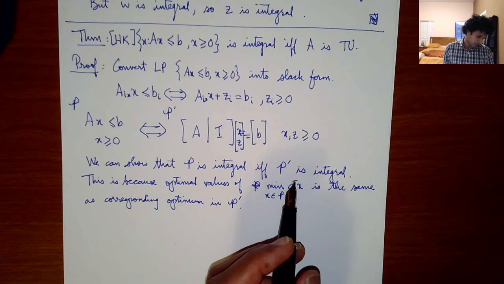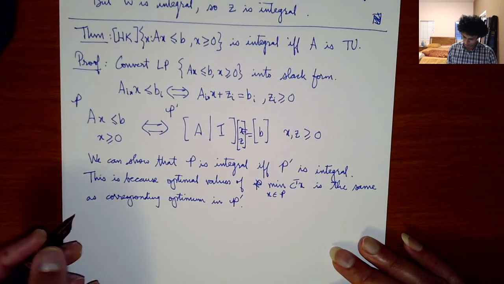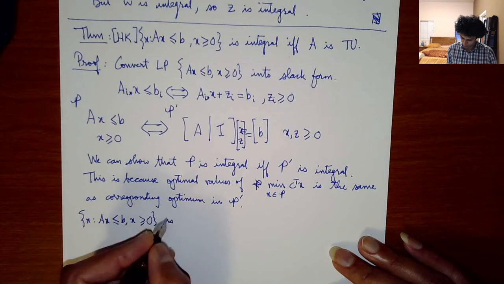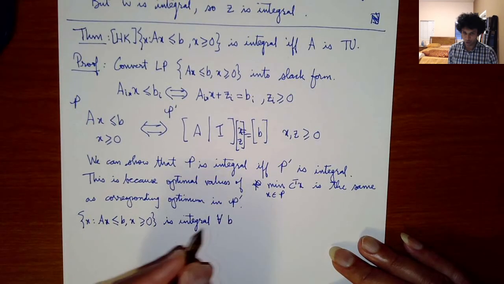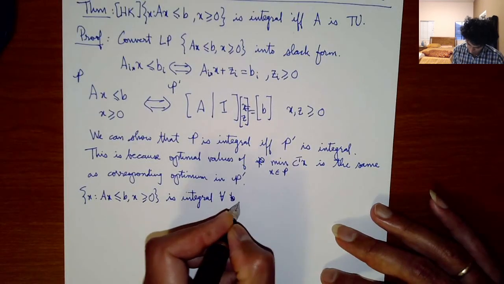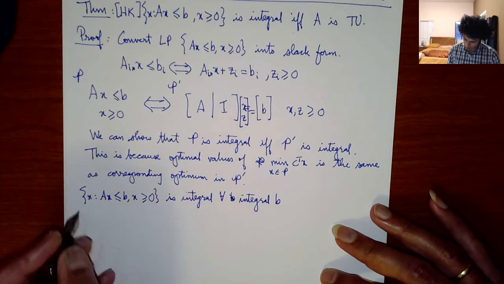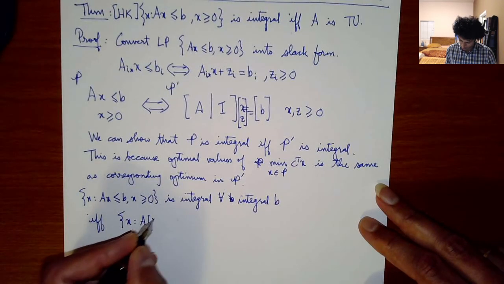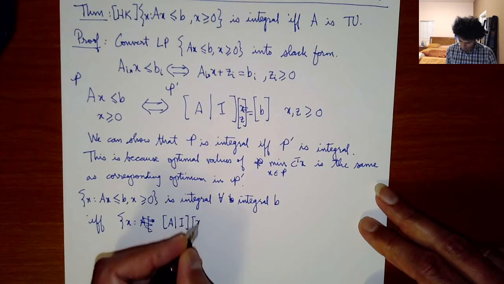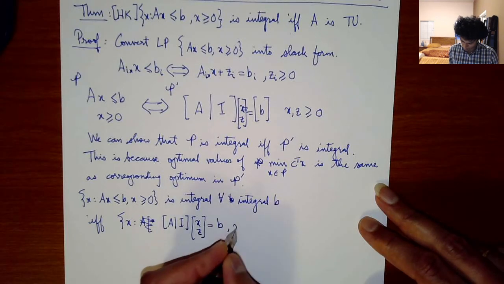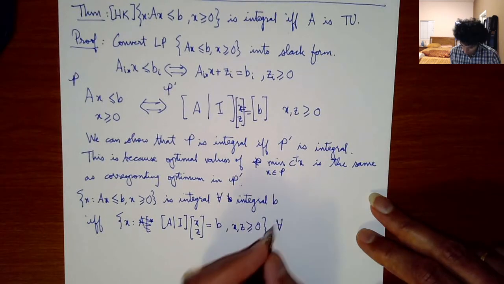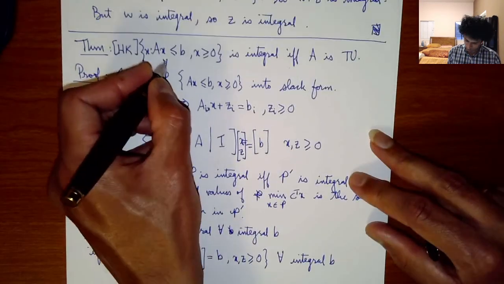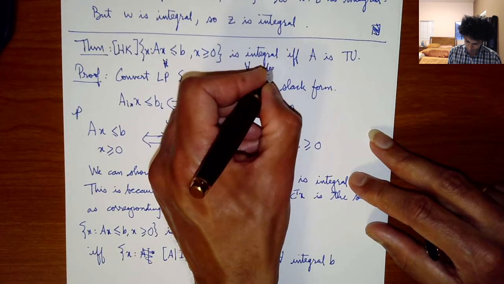And so because P prime is integral, we're basically saying that this LP is integral for all integral b, if and only if the polytope {(x, z) : [A I](x, z) = b, x, z greater than or equal to 0} is integral for all integral b.